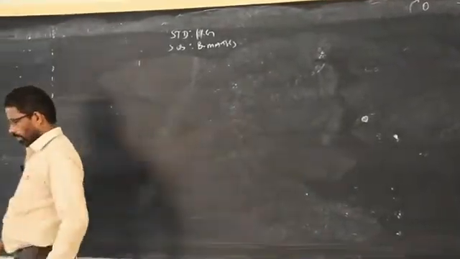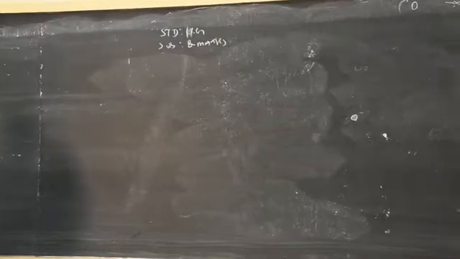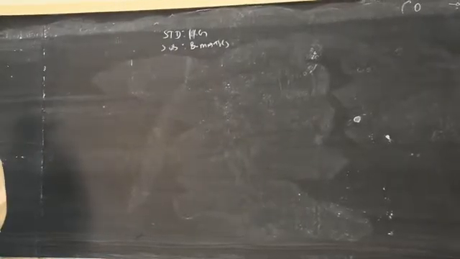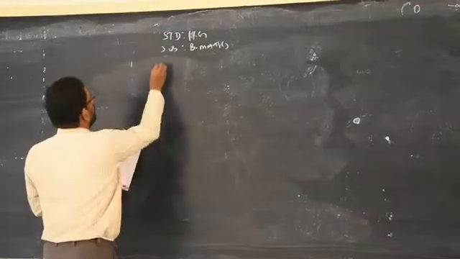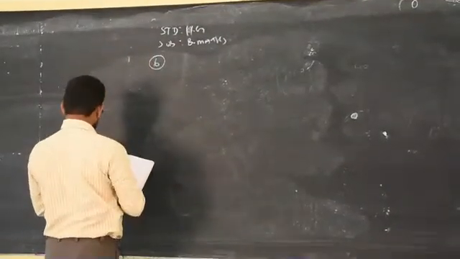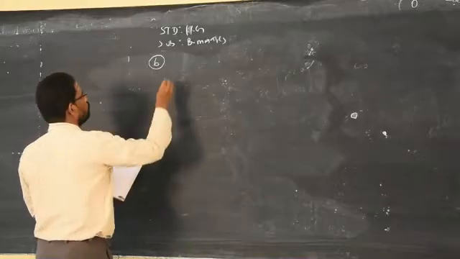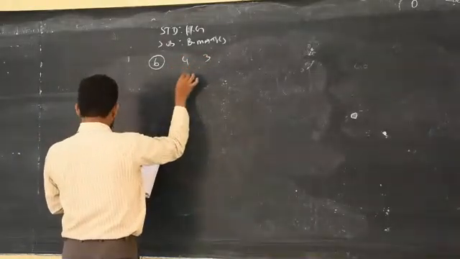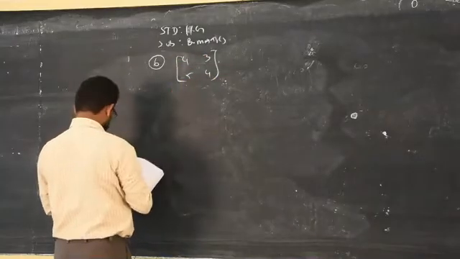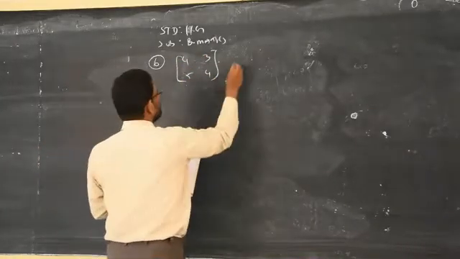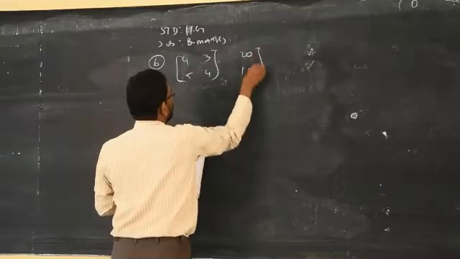Then we will go to chapter number 2. Sum number 6. The matrix is given: 4, 3, 5, 4. Output is given: 20, 12.